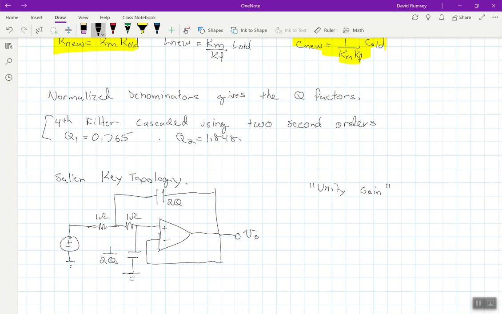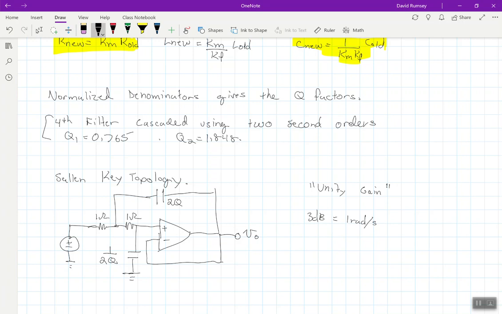And this is of course having what's called K equaling 1. And so this is what we're going to be doing here. And this actually gives us a 3 dB frequency equaling 1 radian per second.